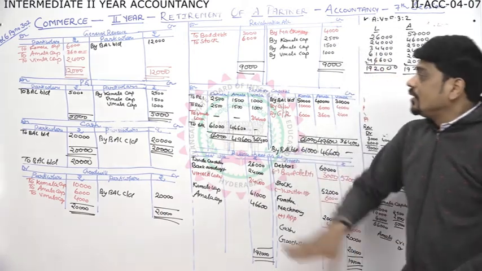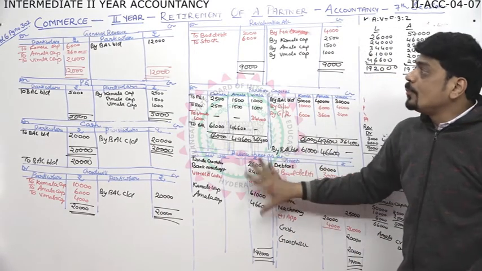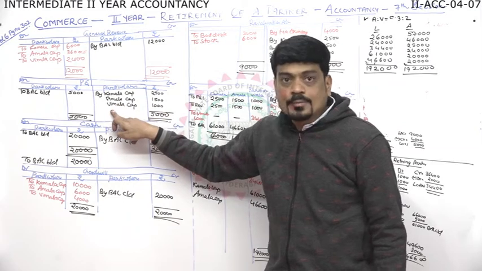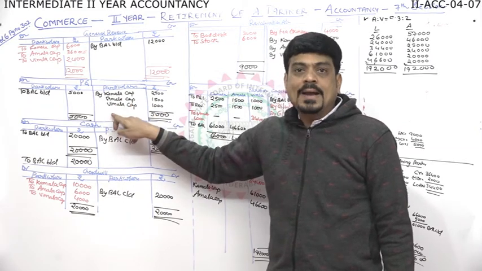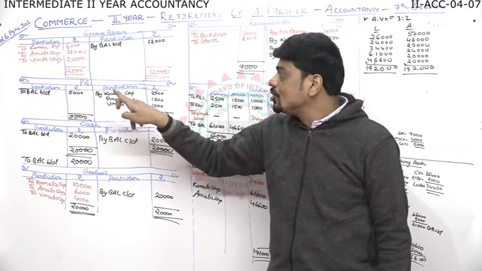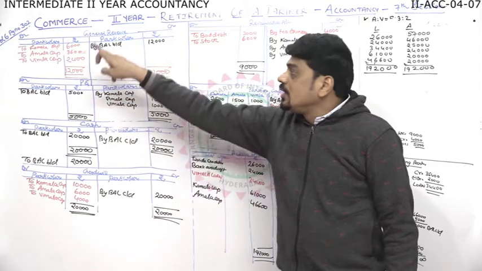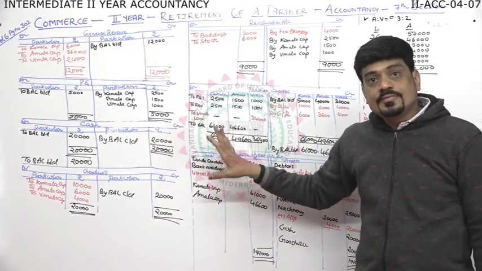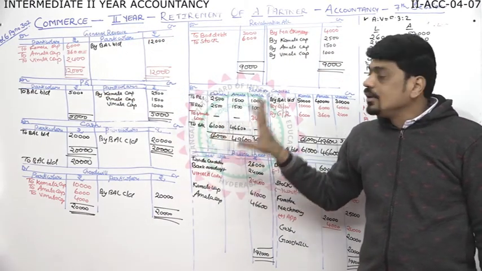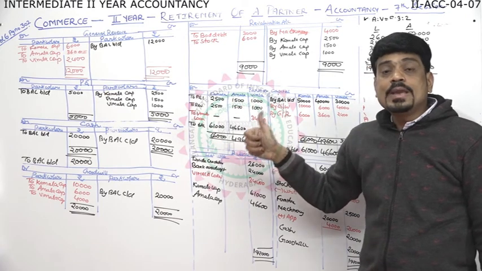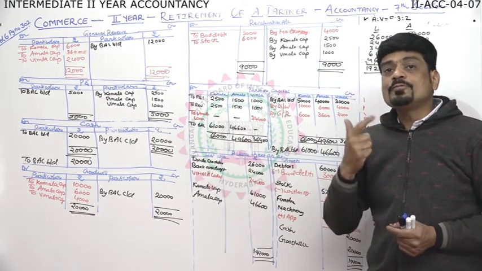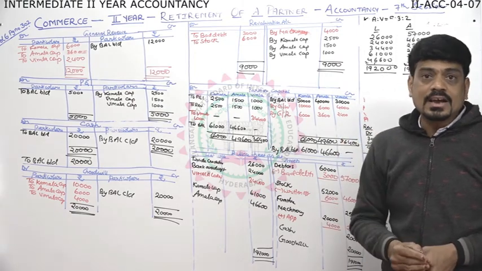Like that, you have the problem of retirement. In this problem, they gave profit and loss account, which was a debit balance, that is accumulated loss. So I drafted. If you solve this type of problems, you will get the confidence, and you will be able to do them in a better manner. But you have to revise and practice again and again.